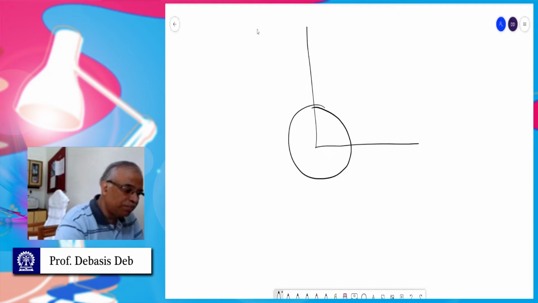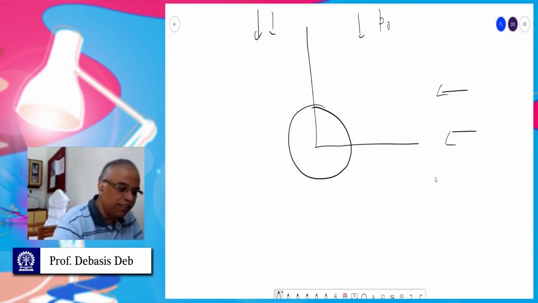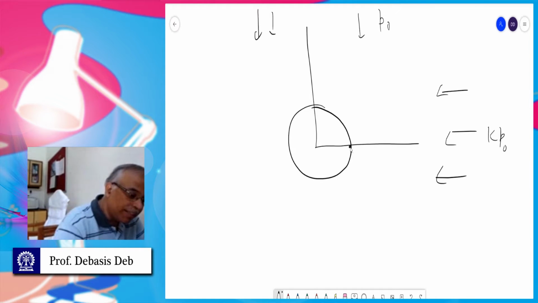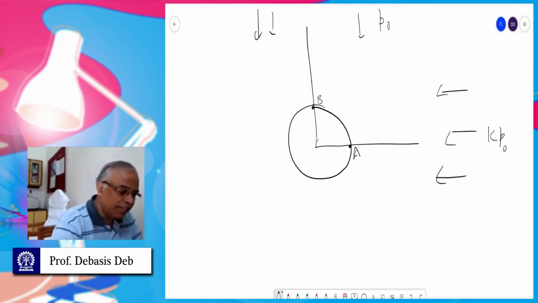In some P naught and K P naught environment, this is P naught and this side is K P naught. Let's say this point is A, which is right on the boundary. This point is B, right on the boundary, and this is 90 degrees.